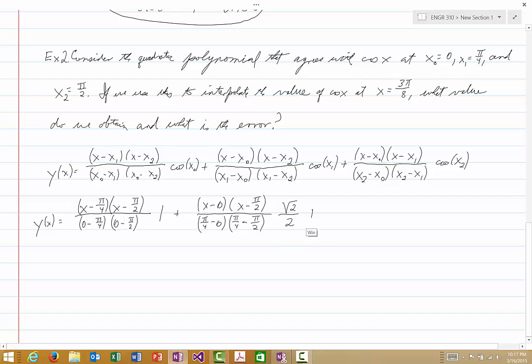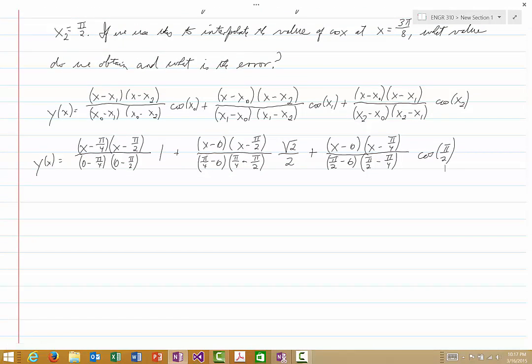And then finally, for the last one, we'll have x minus 0 times x minus pi over 4 over pi over 2 minus 0 times pi over 2 minus pi over 4 times the cosine of pi over 2, which of course is 0.